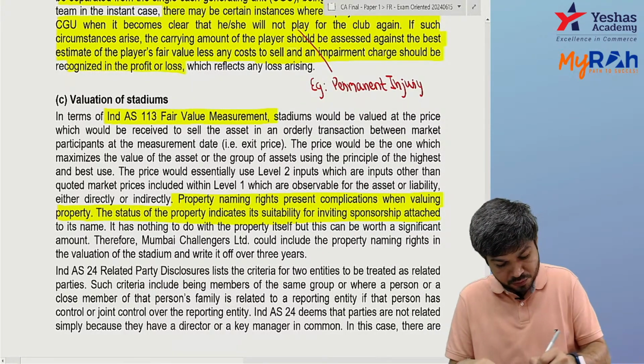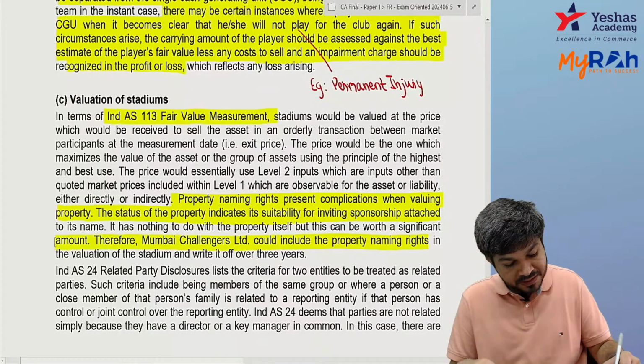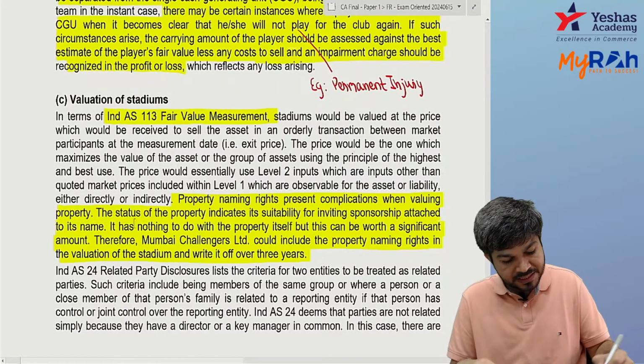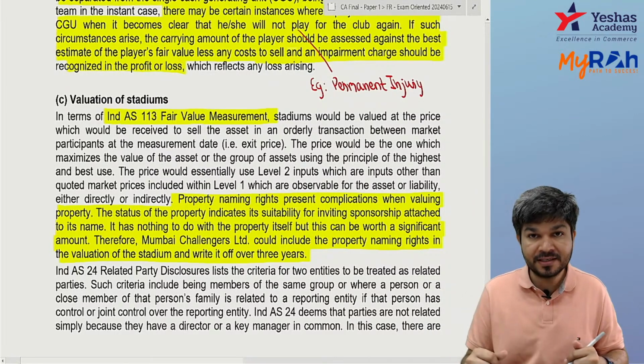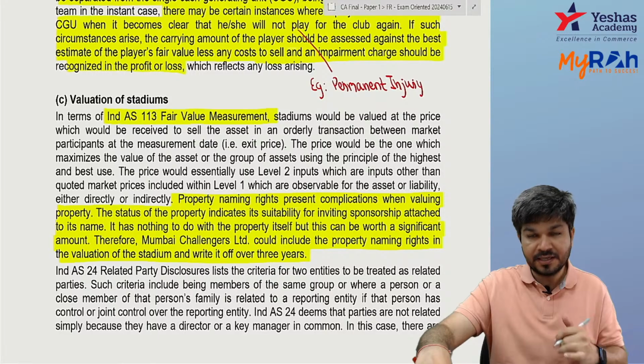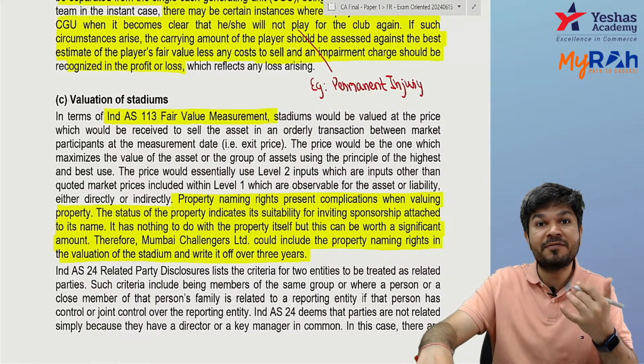Fine. So you could include property naming right in the valuation of stadium. So in the valuation of the stadium, can I include the money I'll be getting for the property naming right? Yes. And you amortize over the remaining life of the stadium.